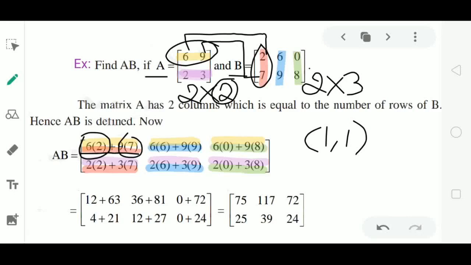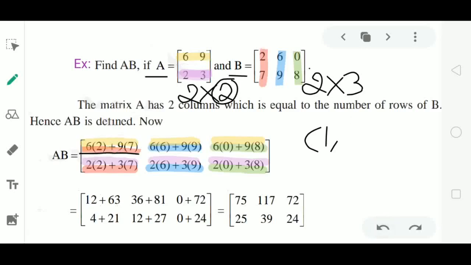Then we take sum of these products. 6 into 2 is 12, 9 into 7 is 63, adding them we get 75. 75 is first element of matrix AB.